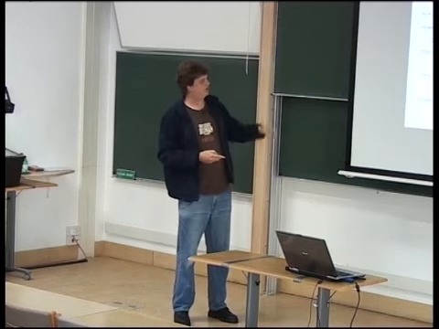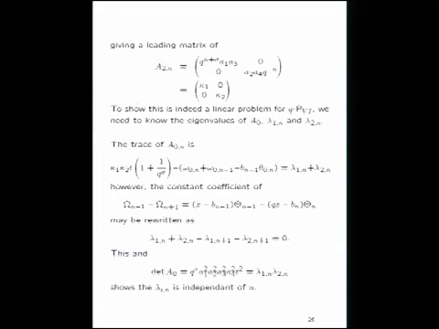So you look at the trace of A0 and you get this in terms of the b_n, the omega_n, and the theta. But you notice that the constant coefficient of this, which we derive from the compatibility between n and x, is equivalent to this equation, which tells you that the trace is independent of n.